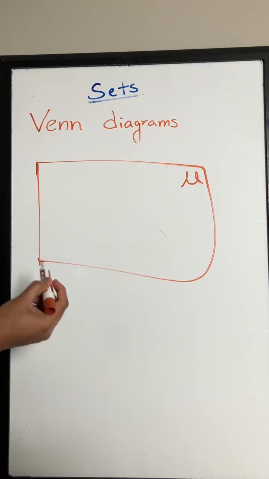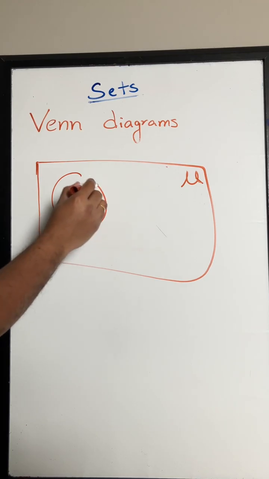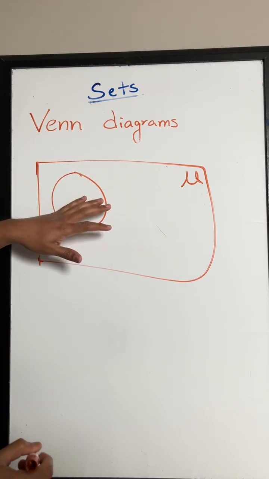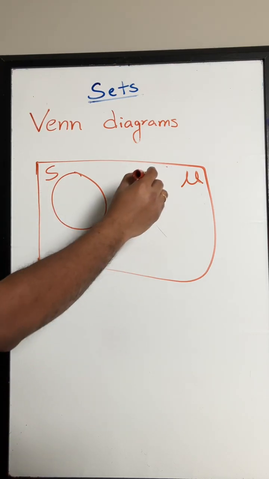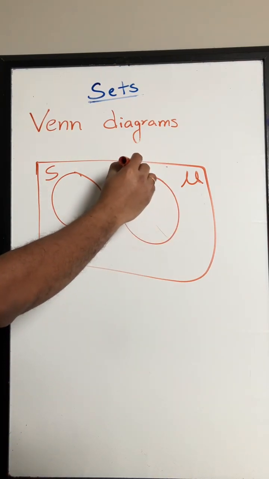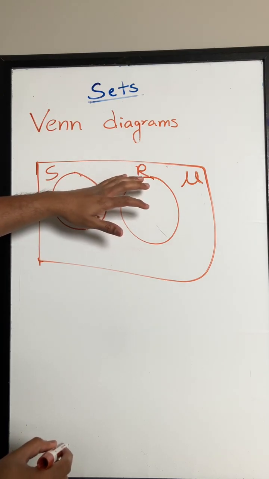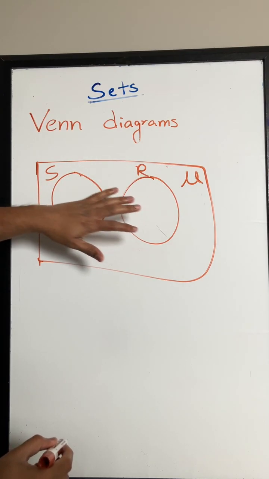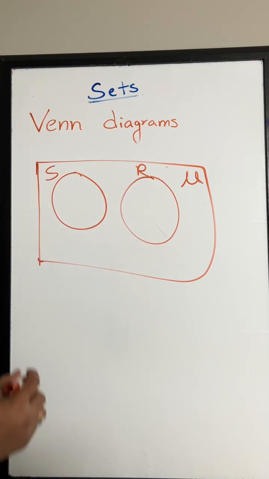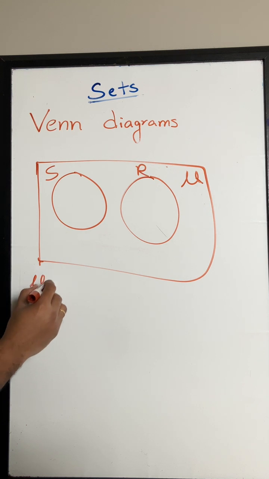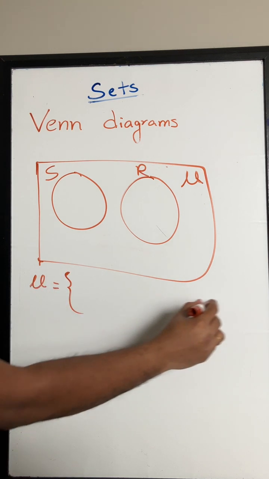And he assumed that every set is represented by a circle here. This is my set. This is another set. All the circles represent different sets. So for example, let's go with our regular example. What is mu?